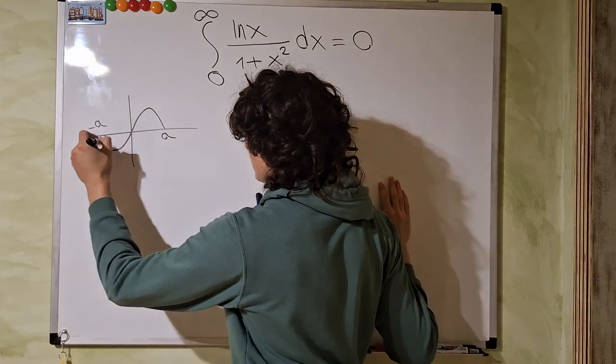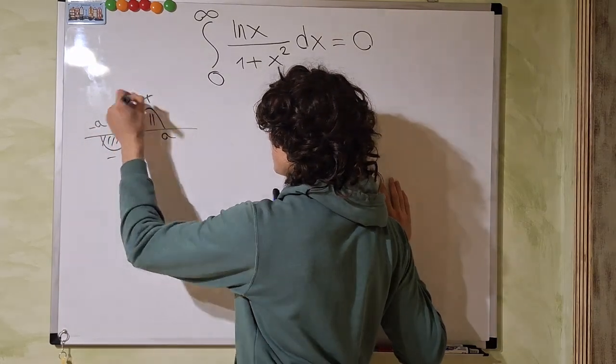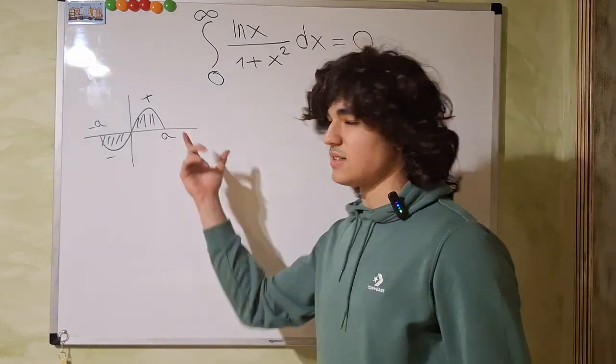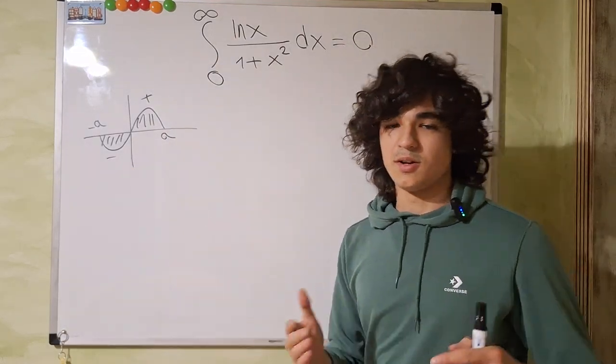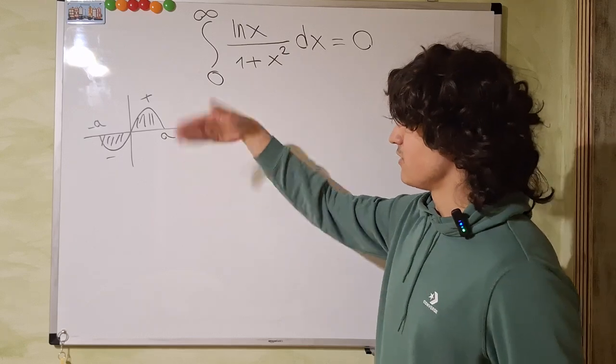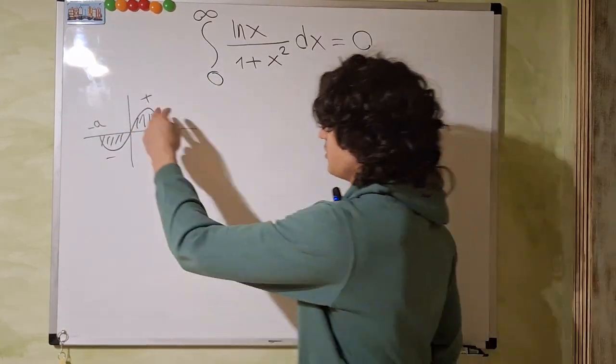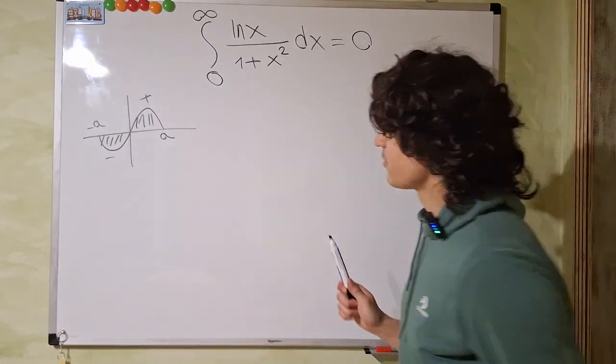So if we take this area that has a minus sign and this area with the plus sign, it's the same area, but one is reversed. One is under the x-axis, the other is on top of the x-axis. So if we sum the two, we get 0.